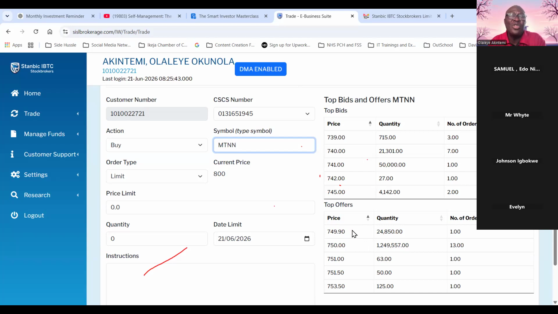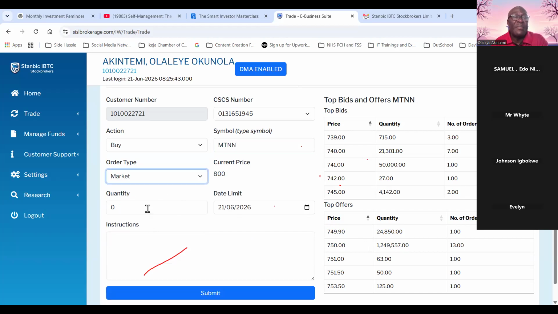Many people are still using market order. If I change it to market order now, and let's say I want to buy 1 unit, that 1 unit will go through at 800 Naira per unit. Even if I want to buy 100 units, it will go through at 800 Naira per unit.